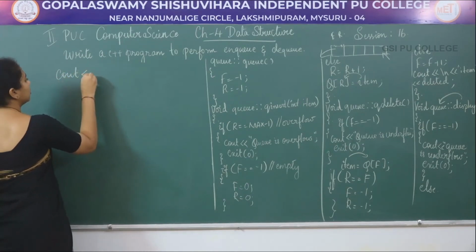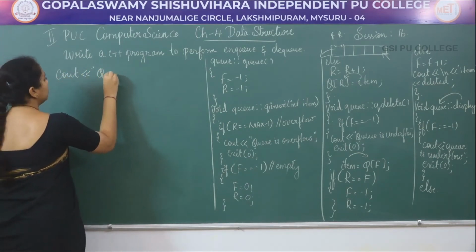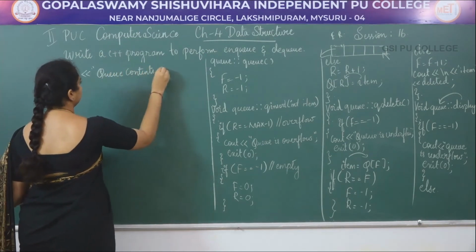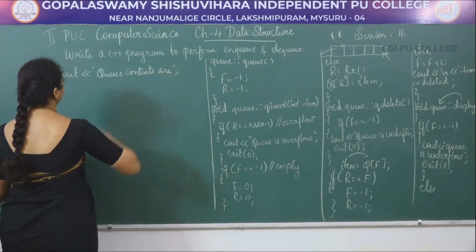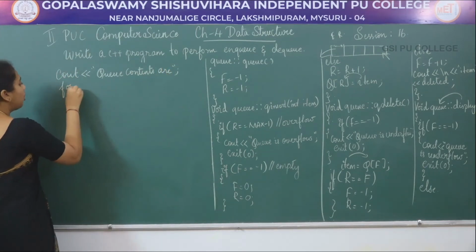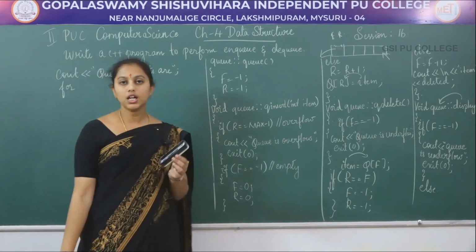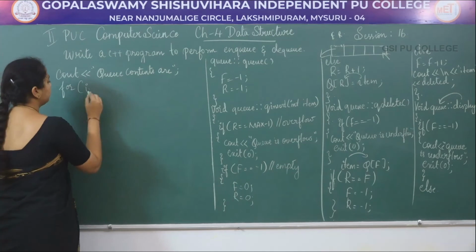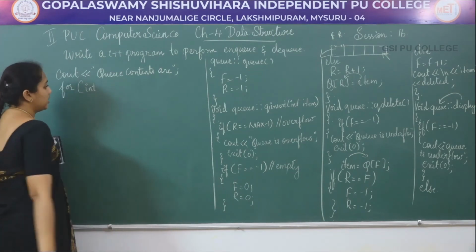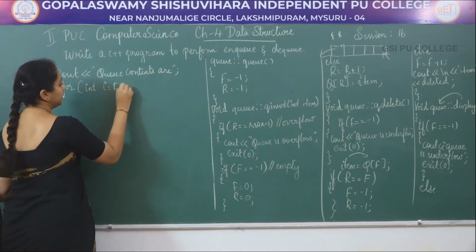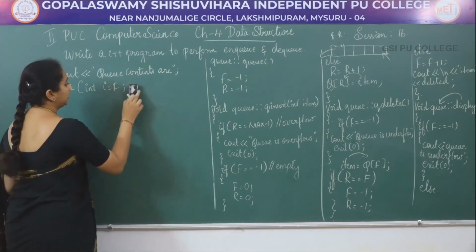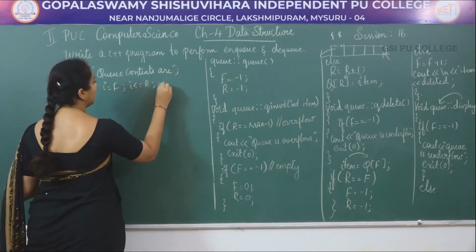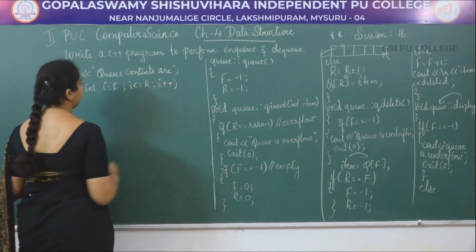Cout queue contents are. Using a for loop, we are going to print the items of the queue. For int i is equal to f, i less than or equal to r, i plus plus.